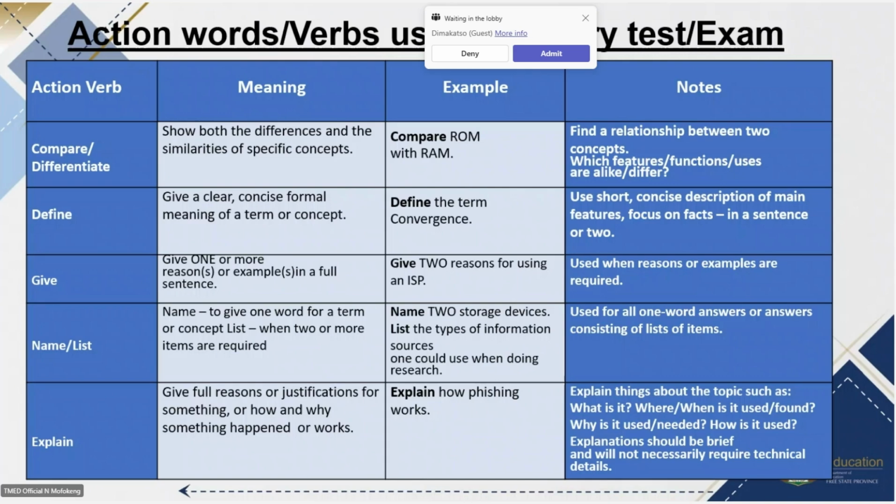Now, if you have define, you give a clear, concise, formal meaning of a term or a concept. If the question says define the term convergence, you use a short, concise description of the main feature. You only focus on the facts in a sentence or two, depending on the mark allocation. If the mark allocation is two, then you must give two facts in that particular question.